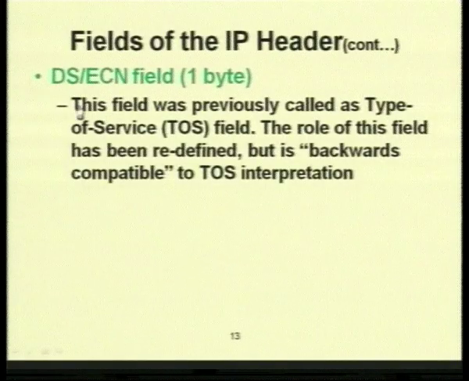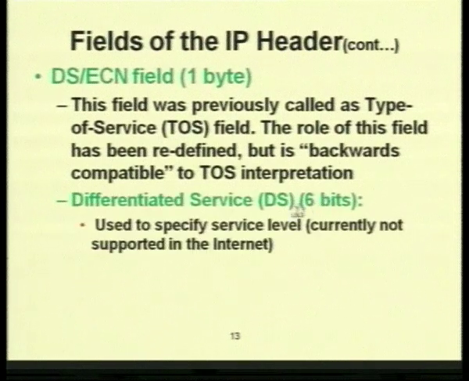Coming to the next field, the DS/ECN field. This field was previously called the type of service field, but the role of this field has been redefined multiple times, but it is still backwards compatible to the TOS interpretation. What DS/ECN basically tells you is whether differentiated service is being used or not, and if differentiated service is being used, the 6 bits of this DS field are used to specify the service level, that is, what kind of differentiated service level is being specified.